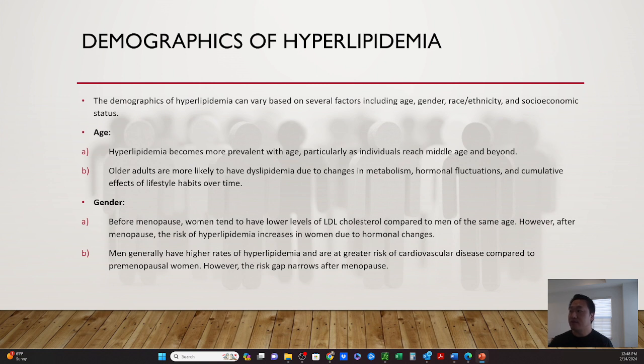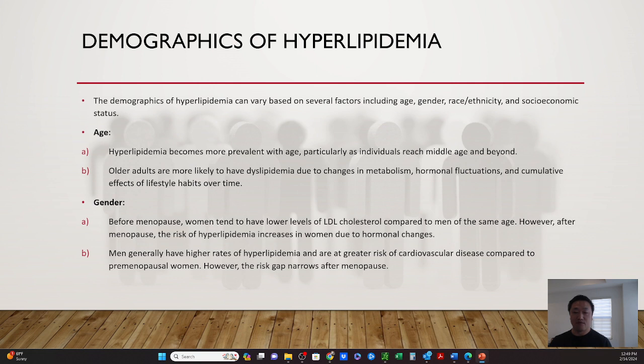The demographics of hyperlipidemia depend on age, gender, race, ethnicity, and socioeconomic factors. Hyperlipidemia becomes more relevant with age.